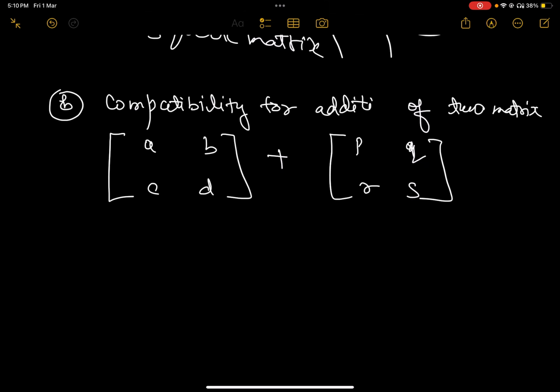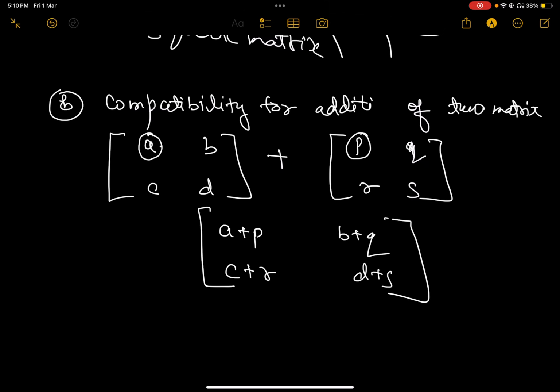Can these matrices be added? Yes. This element gets added to the element of the other matrix placed at the same position. So it will be A plus P, B plus Q, C plus R, and D plus S.